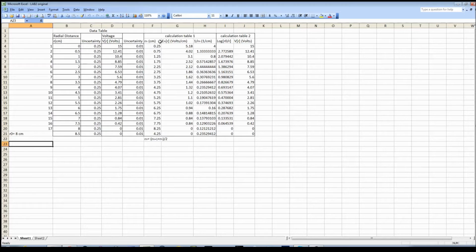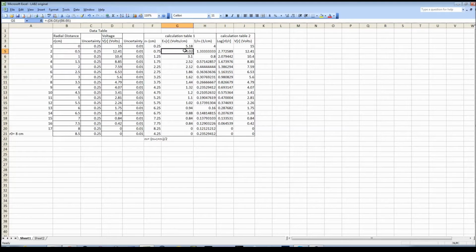For calculation table 1, we will begin with finding Rn, which is Rn plus 1 plus Rn divided by 2. This will be the middle distance between points. Then we have ENR, which is volts per centimeter.